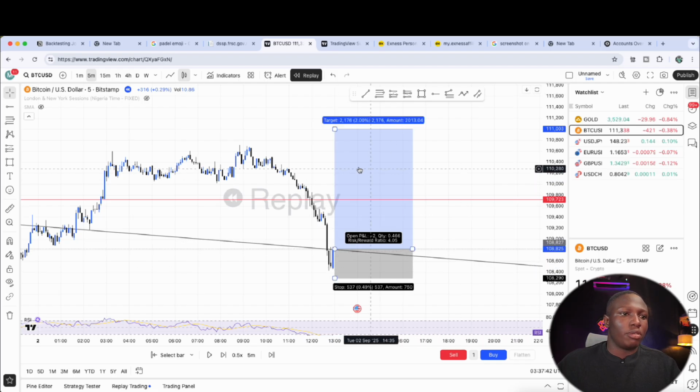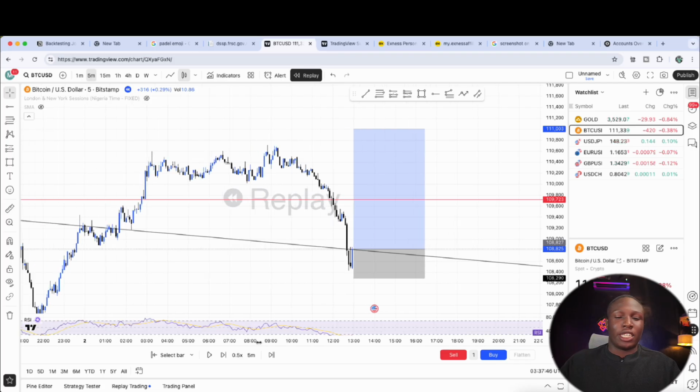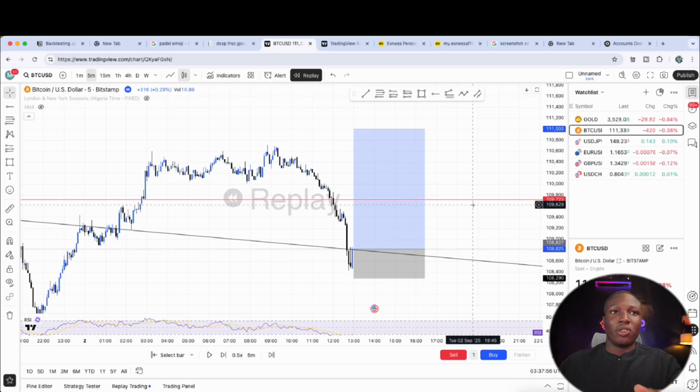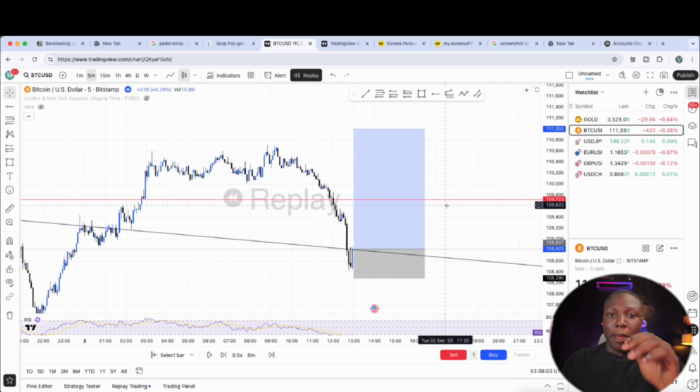Right now I'm going to play the candles so you can see how it played out. At my entry point, I shared this trade with my Telegram community, the entry, the stop loss, and the take profits, so they can also make money with me, and those who took the trade with me made money.